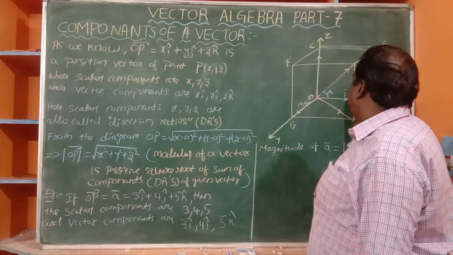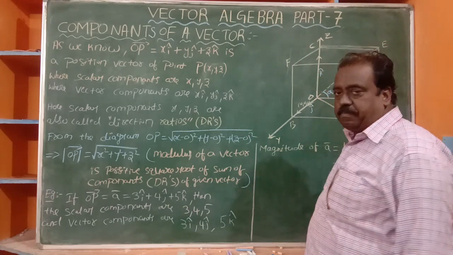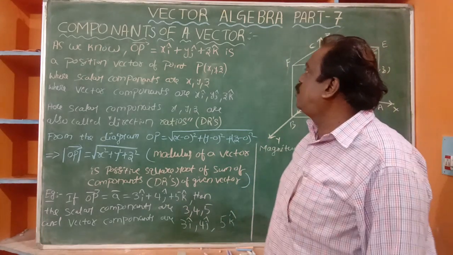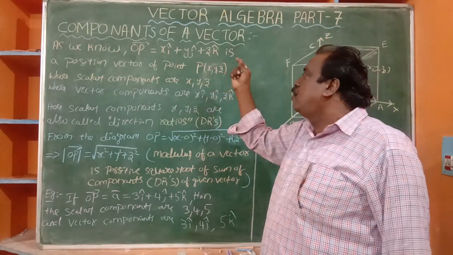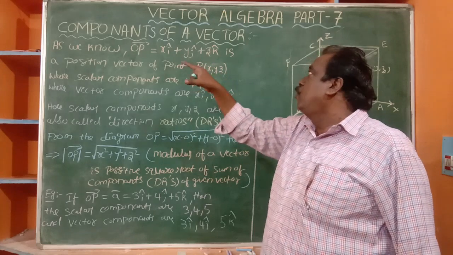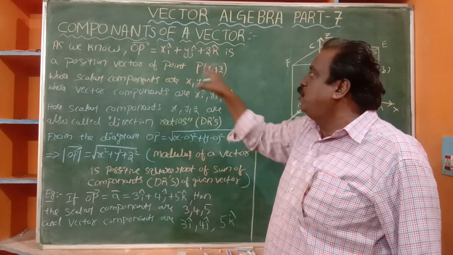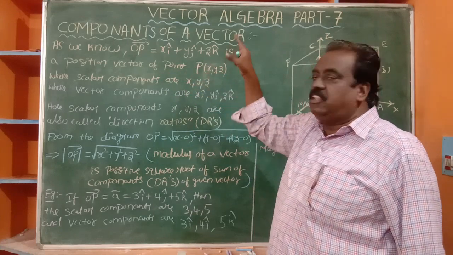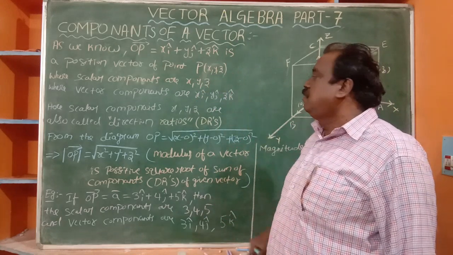Here it is i cap, j cap, and k cap. Where x, y, z are the coordinates of the point P. This OP bar is nothing but the position vector of the point P.